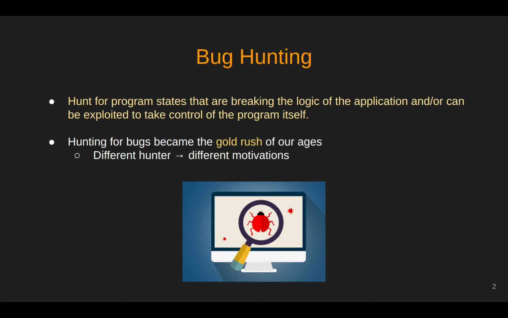It can be very precious for you to find these bugs in software, either as a developer because you want to improve your product, or as an attacker because you want to make some money on the black market. So each hunter has different motivations and may use different tools. In this lecture, we'll talk a bit about symbolic execution for bug hunting and how we can leverage that kind of abstract interpretation of programs to find bugs in them.